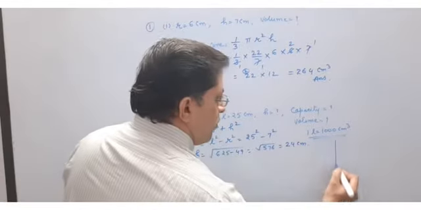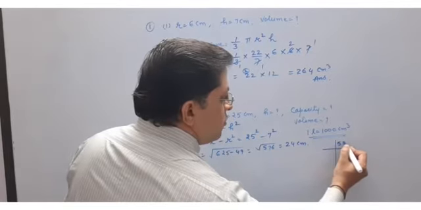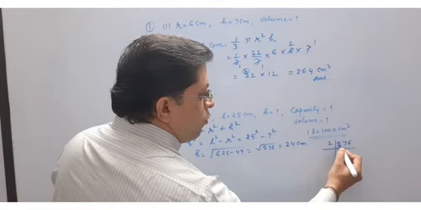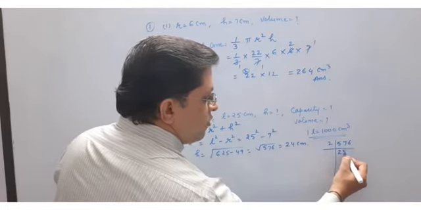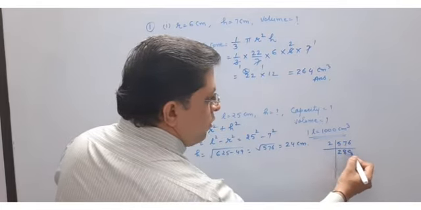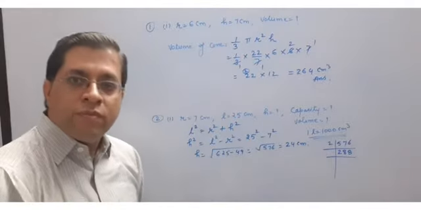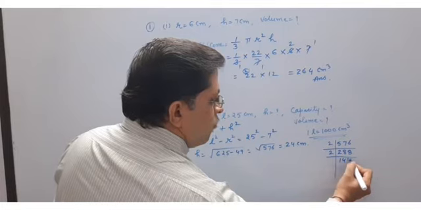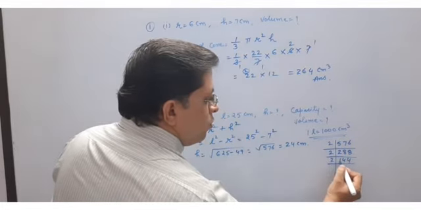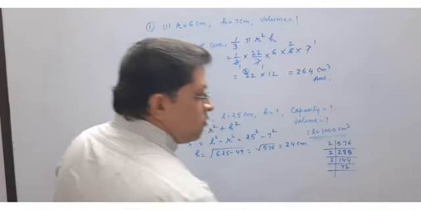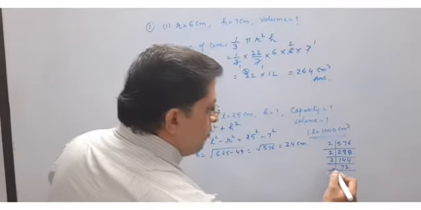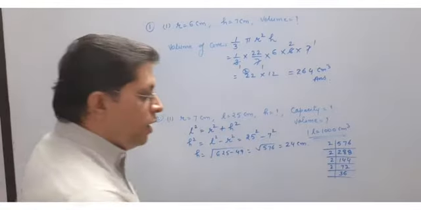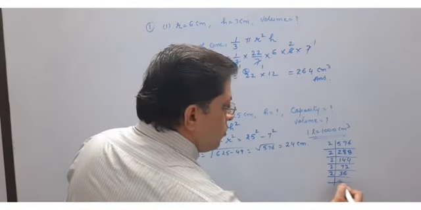See, 576 is this. Now divide by 2. 2 2s are 4. 2 8s are 16. Again 2 8s are 16. Okay. Then by 2, 144. Again by 2. 2 7s are 14, 72. Again by 2, this is 36. Again by 2, this is 18.